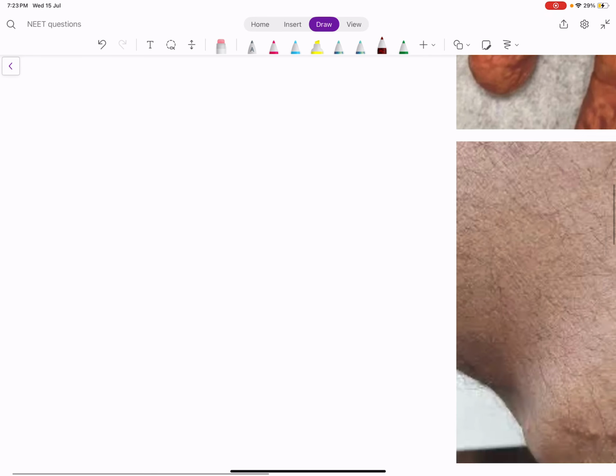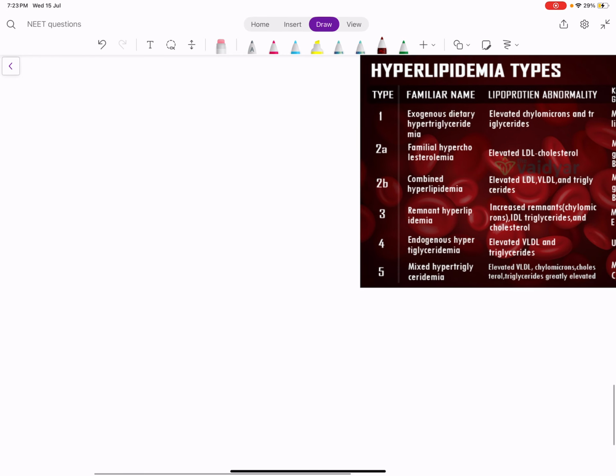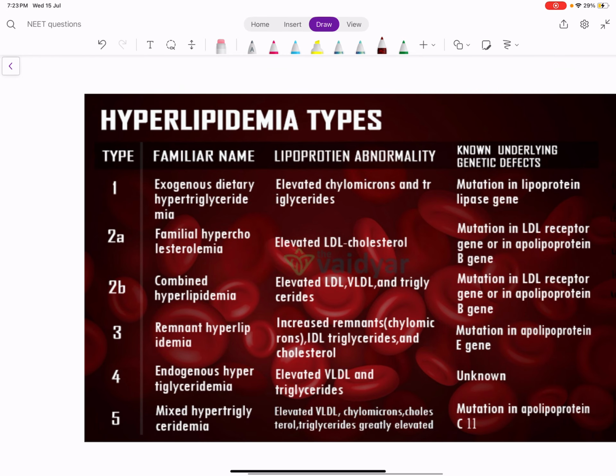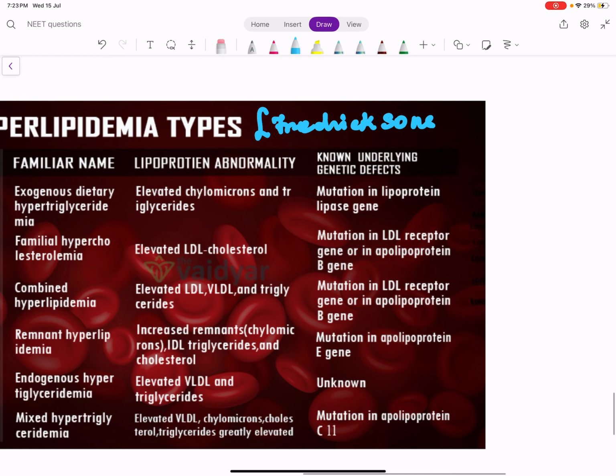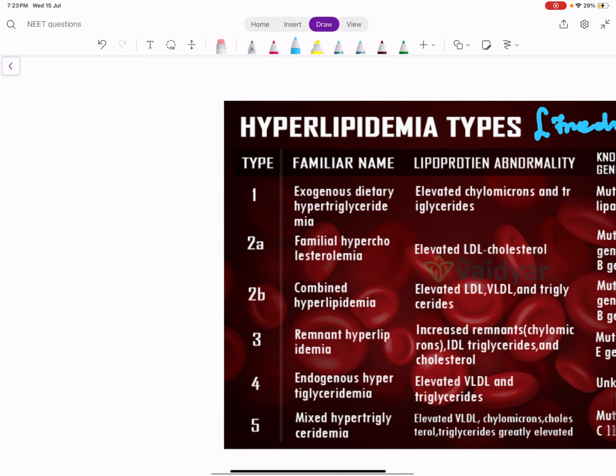We'll see the other dyslipidemias. So this classification is called Fredrickson's classification. So we have 1, 2, 3, 4, 5. 2 is of 2 types, 2A and 2B.